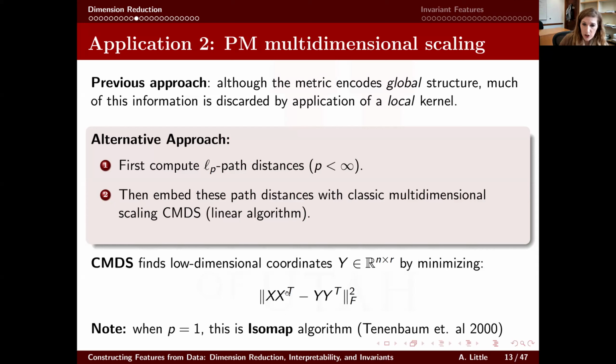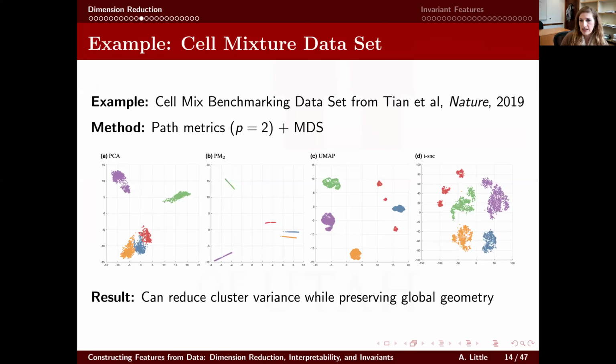Okay, so I should point out that when p is 1, this is not a new idea. This is an algorithm that's been around for a long time, known as Isomap. However, it does seem to be really useful in a lot of data contexts to change this underlying parameter to a different value of p. So let me just illustrate this in a little picture.